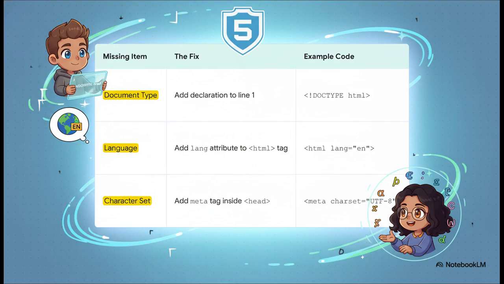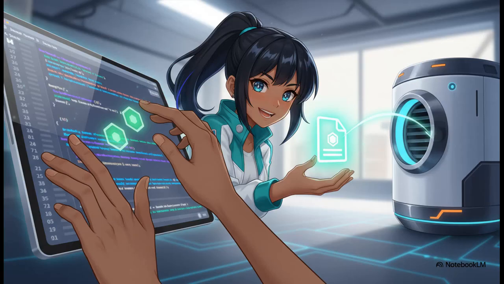First, we need something called a doctype to tell the browser this is a modern HTML5 document. Second, we should declare the page's language, in our case, English. And third, we need to specify the character set, so all our symbols and text display correctly everywhere. So let's just head back to our code editor, add these 3 small but crucial pieces of information, save the file, and then submit it for a second inspection.